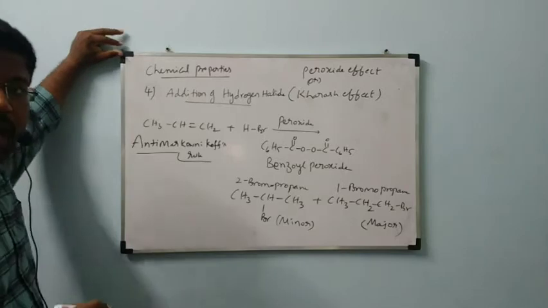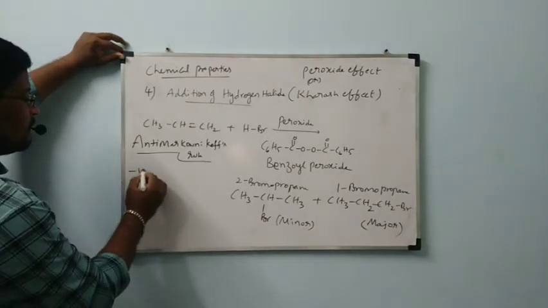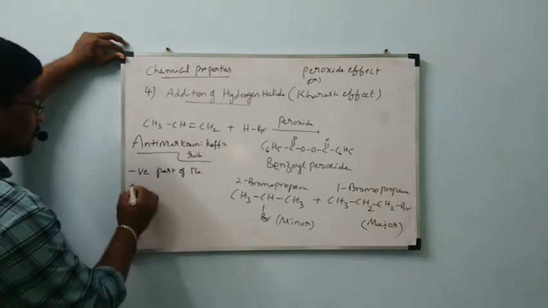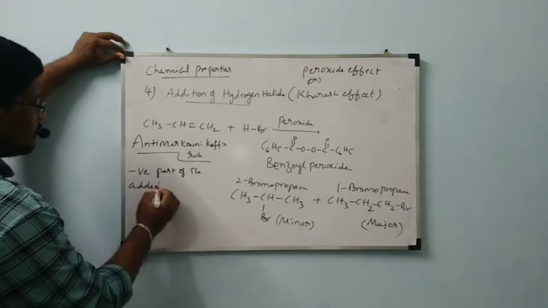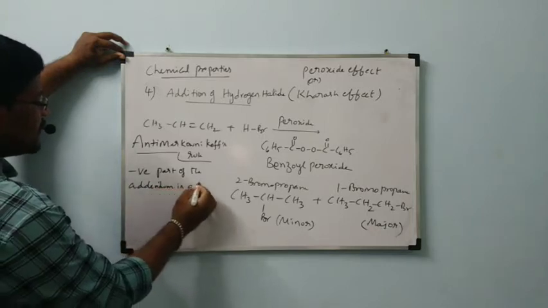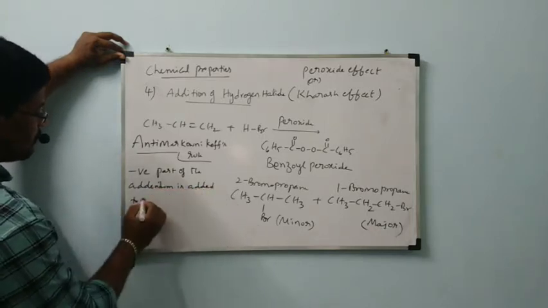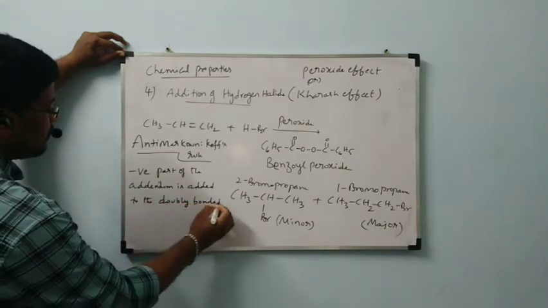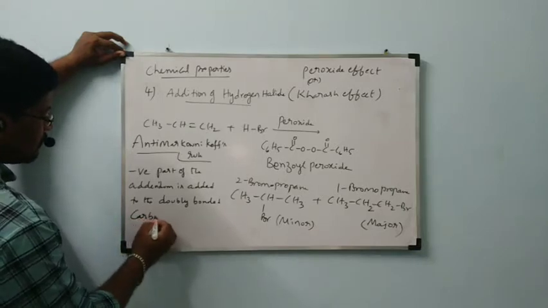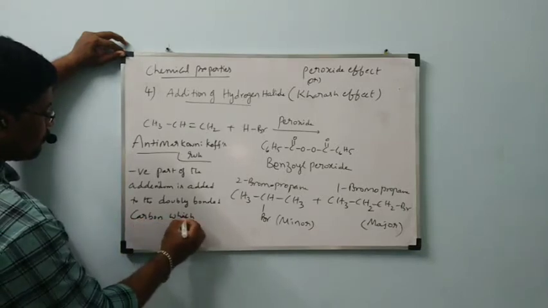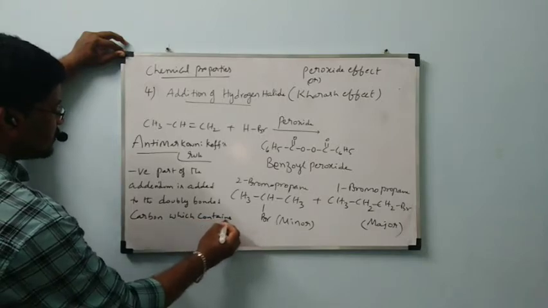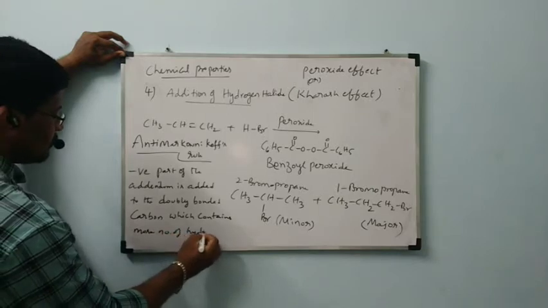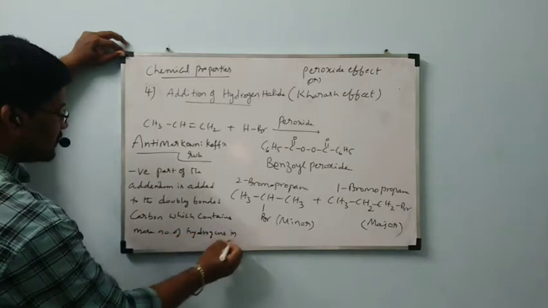We will get the major product when the negative part of the addendum is added to the doubly bonded carbon which contains more number of hydrogens, in the presence of peroxide.